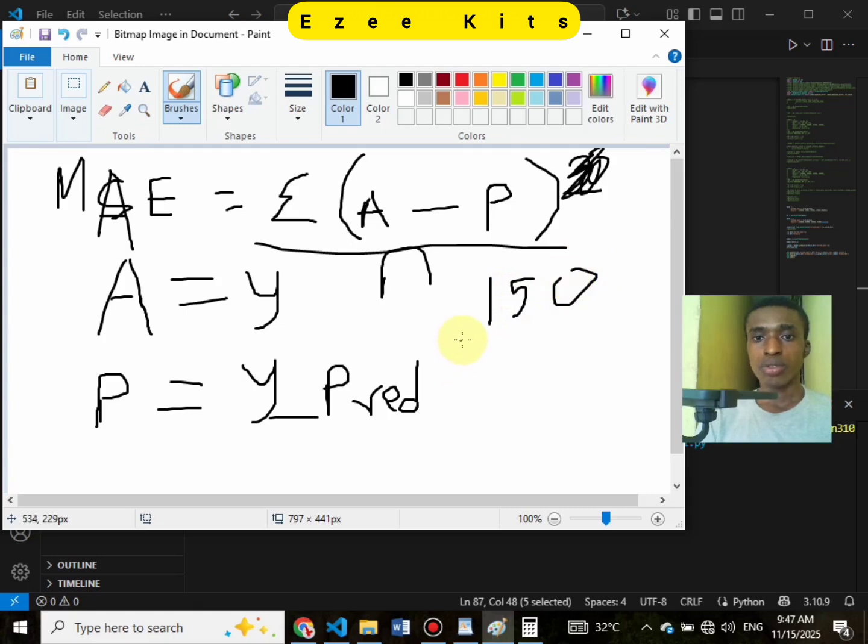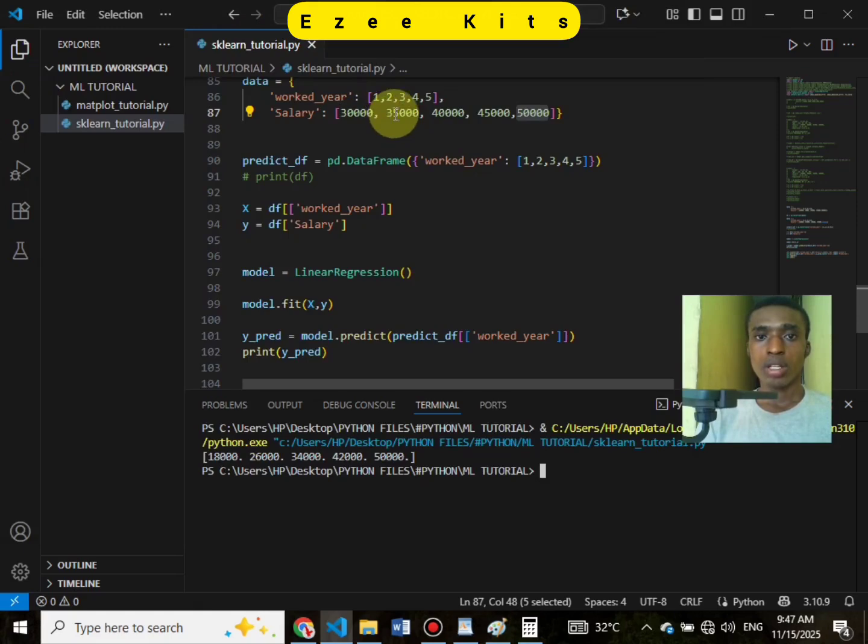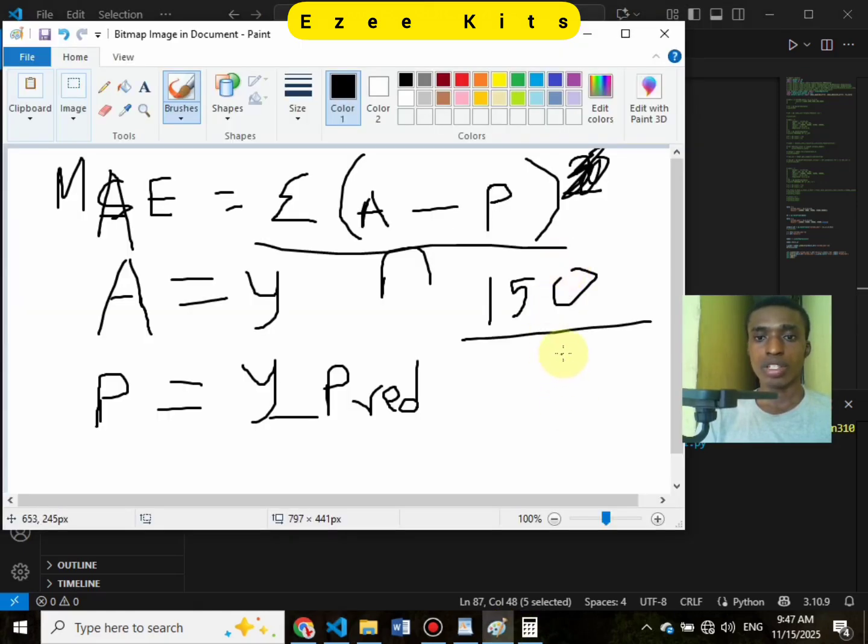The number of observations in our case here was 1, 2, 3, 4, 5. There are actually 5 observations, so we can divide it by 5, and we'll get our mean absolute error. For the mean squared error, it's basically the same thing.